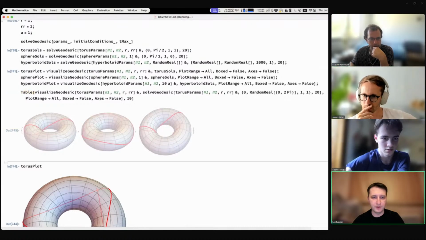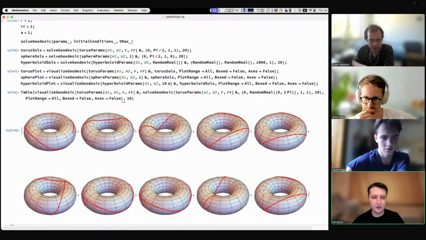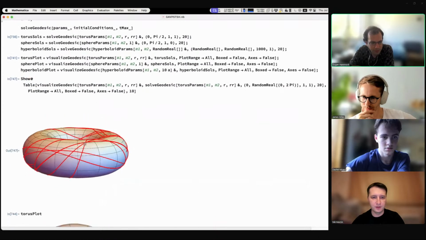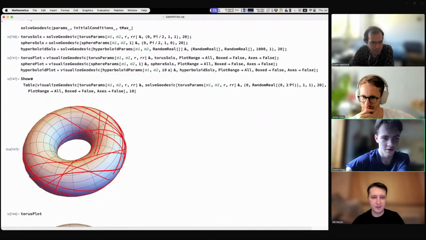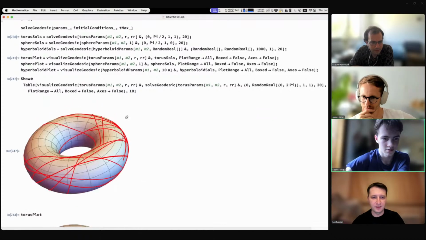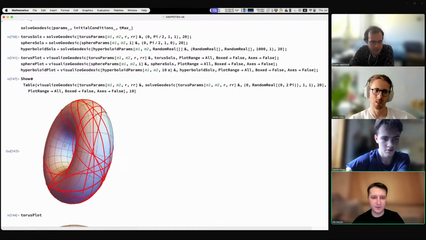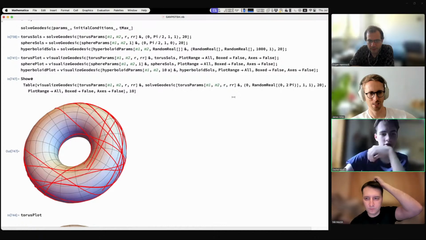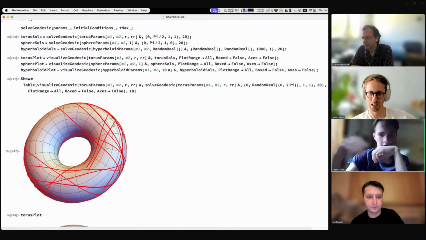Yeah, those are much fun. Oh, nice. So these are just random. Oh wow. Random initial conditions. Sort of going into the sphere, I mean the torus, the path.